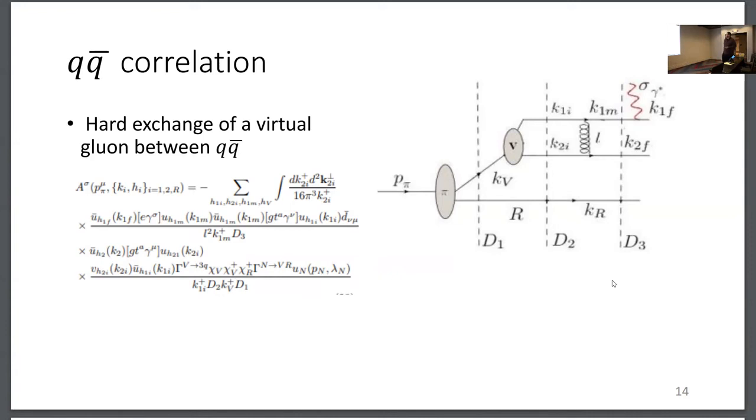So this is for this part, and then D1 is for this part, D2 is for this part. So basically the pion splits into valence residual, valence splits into the 2 valence quarks.